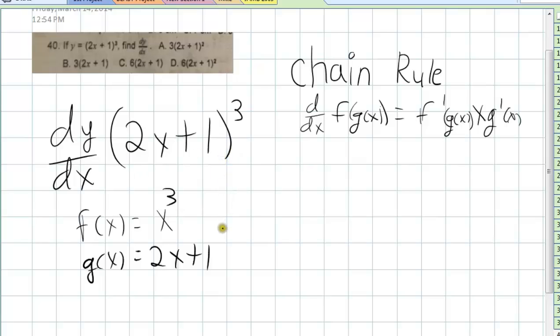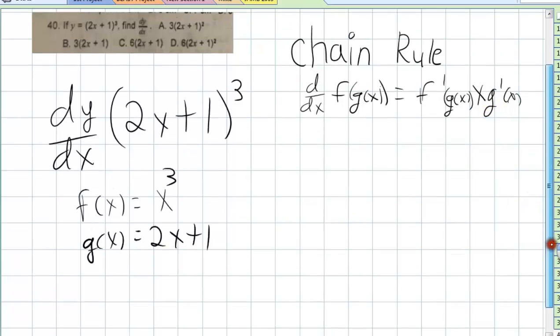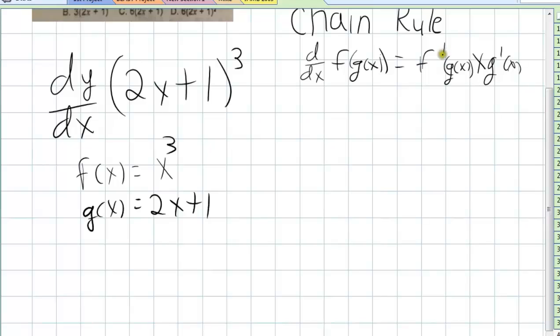Okay, so now that I have this, I can use this form to help me get to my answer. What I said was, take the derivative of the outside function and evaluate at the inside function. So what is the derivative of f of x? That would be 3x squared, right?